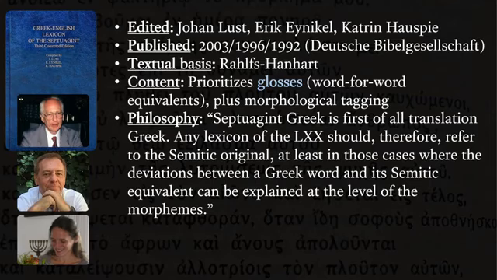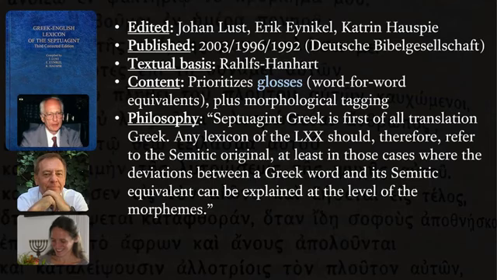Should we understand it more from that angle, that is, as a lens on some sort of underlying Hebrew word that is going to exert some sort of influence on this choice of an equivalent in Greek? That's one philosophy. The other philosophy is what we covered with Muraoka, which is, let's assume the reader doesn't know Hebrew, and how would they interpret this word based on just their knowledge of post-classical Greek?